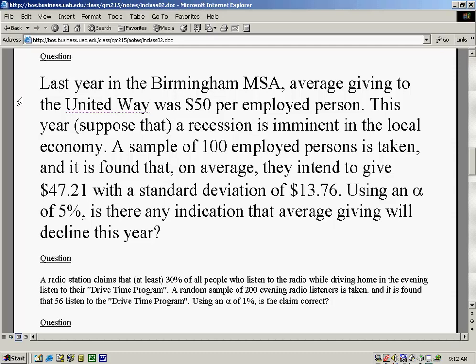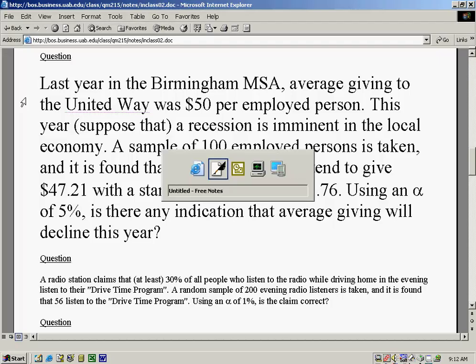Clearly it's an average, so what average appears several times. This is going to be a one-tailed test because it talks about a decline. Will there be a decline? Okay, so let's write down our sample data.